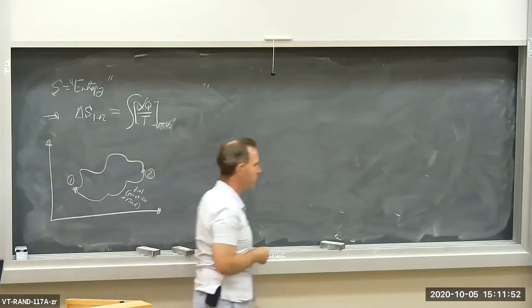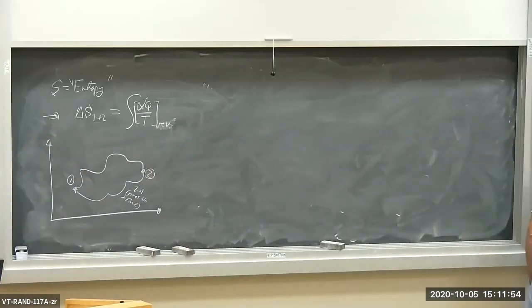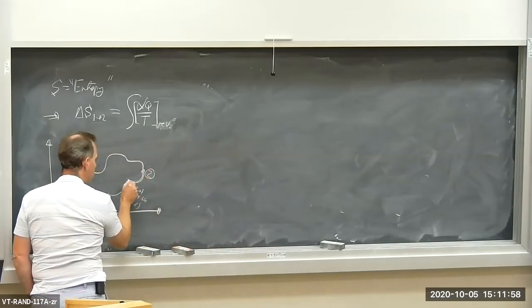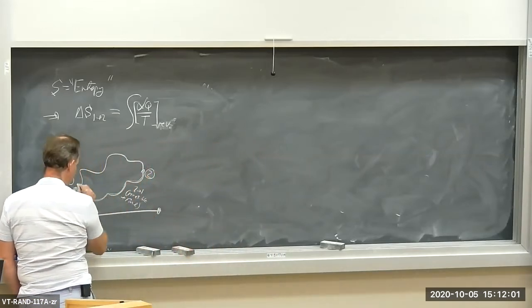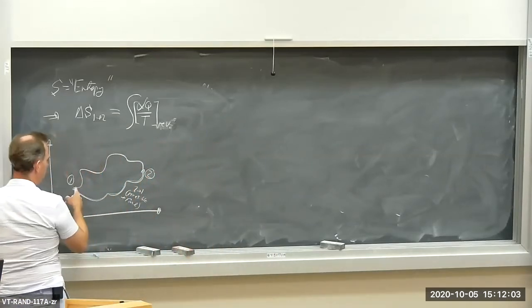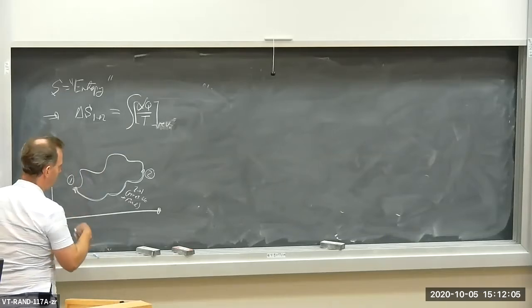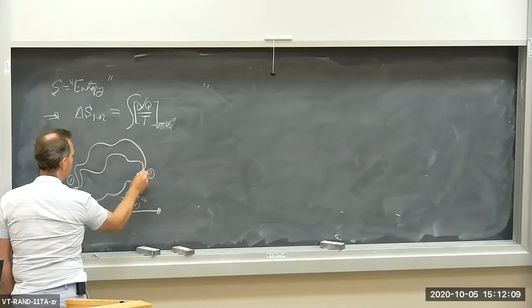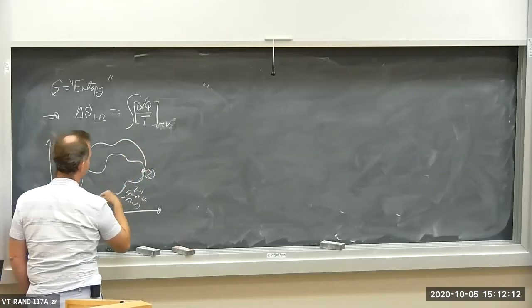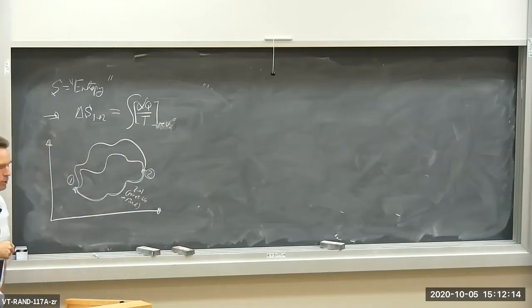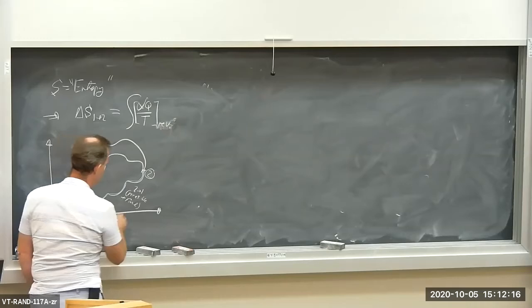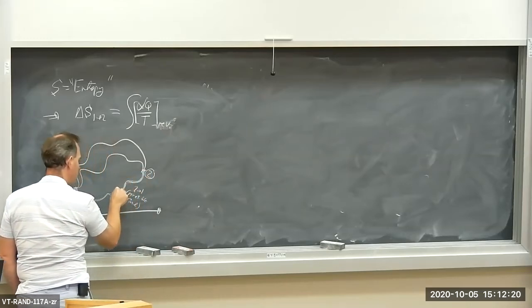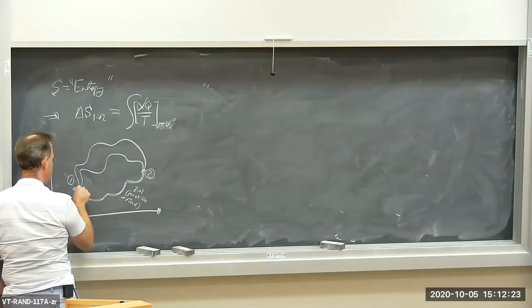That's our blue one, as I recall, blue and white. And remember, 1 to 2 can take various paths, all right? But 2 to 1 is fixed. Okay?